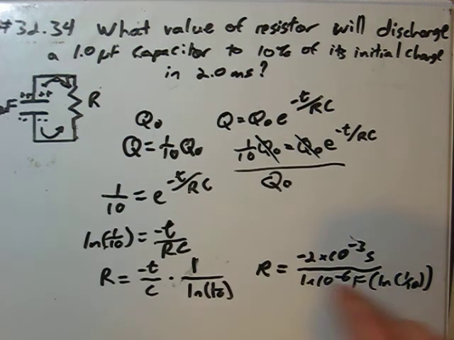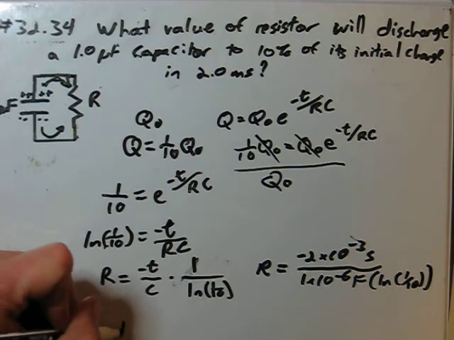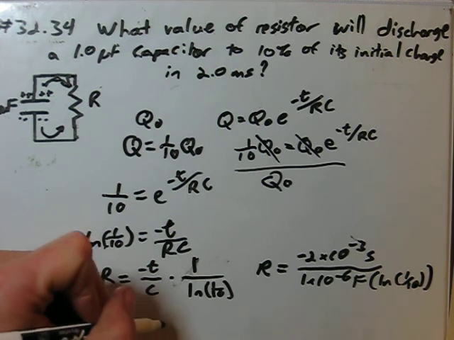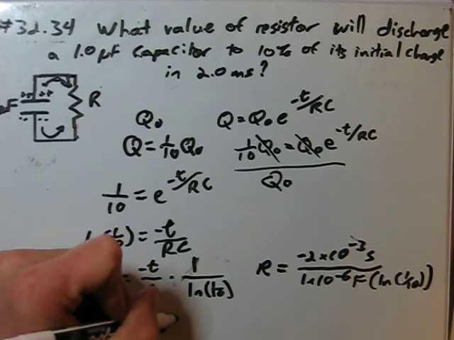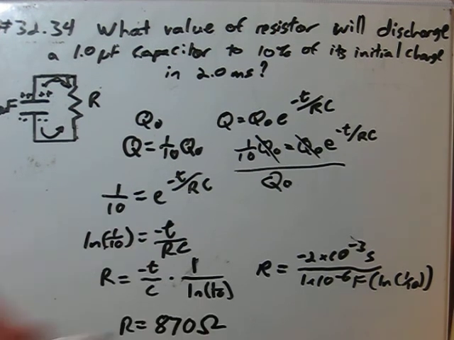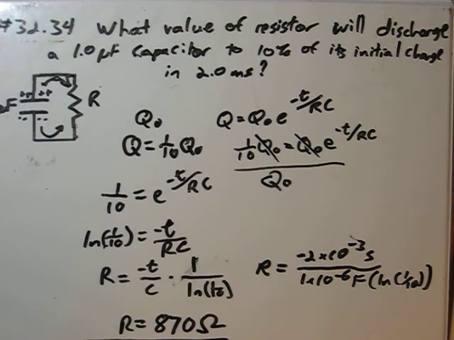You just crunch all that in your calculator and you end up with R being equal to, rounded a little bit because we're not that precise, 870 ohms. Just as simple as that. Alright, hope that answered any questions for anybody. And that's that problem.